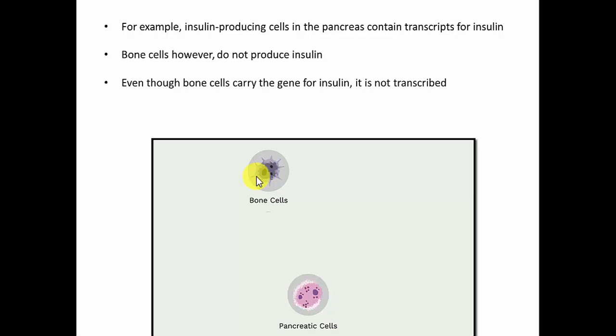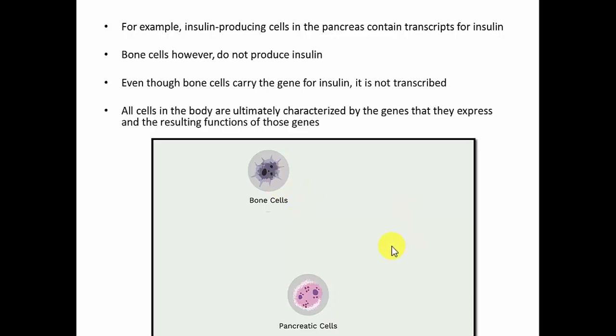And so what you find in these very complex ways, not fully understood, by the way, something that scientists are still working out exactly, but what you find is that the transcription of insulin in bone cells never takes place. A bone cell will not produce insulin, period, even though it has the recipe in its cells for how to make it. It doesn't happen. And the same is true for pancreatic cells. Many of the proteins in the bone cells will never be expressed by pancreatic cells. So they carry the same information, but only express specific genes in relation to the characteristics of each transcriptome.